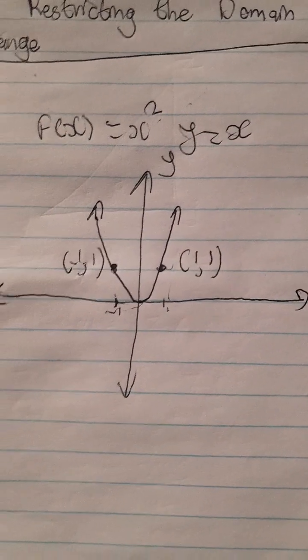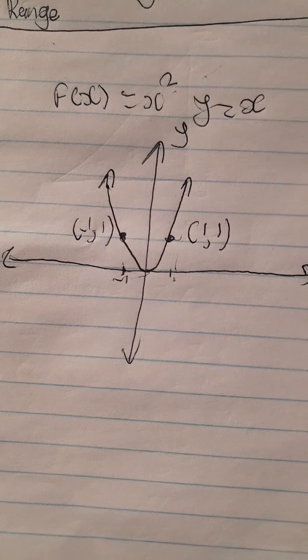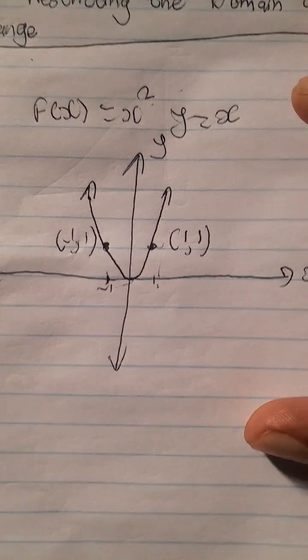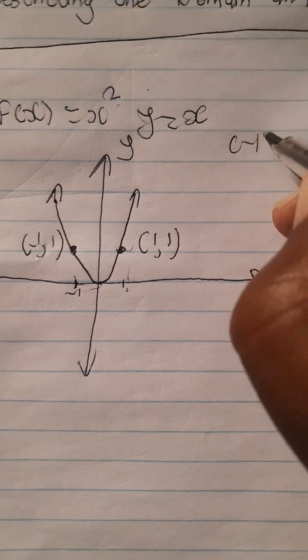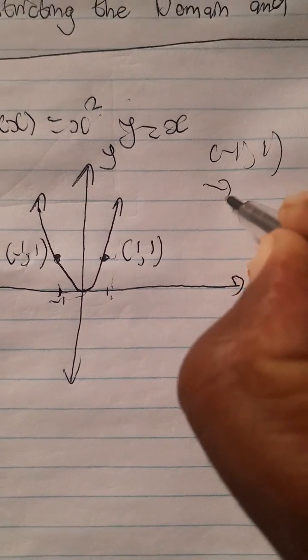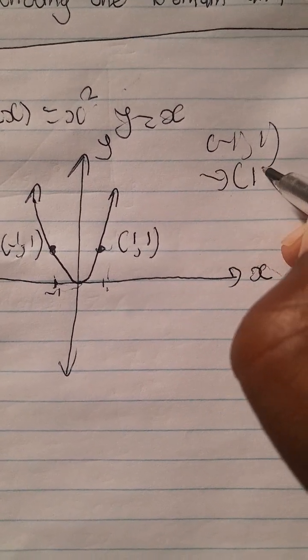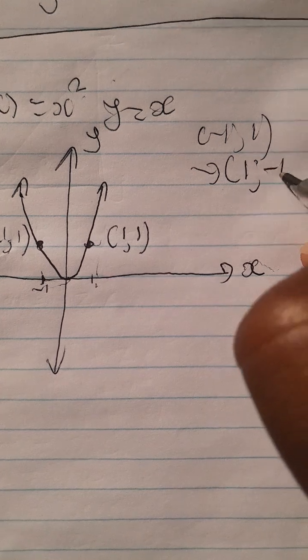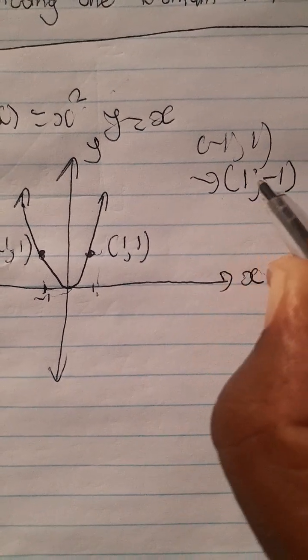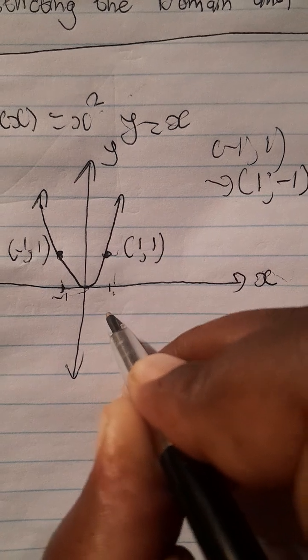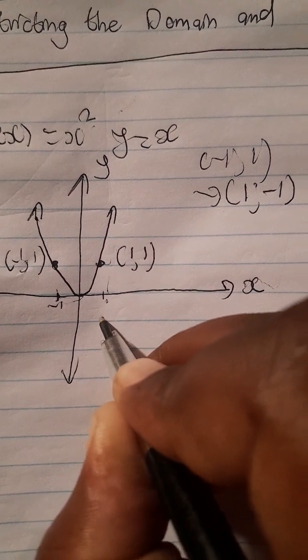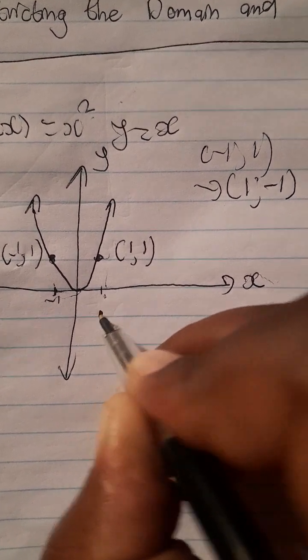Then the inverse. We know the inverse, guys. If you have -1 is to 1, the inverse, you swap. So we now have 1 and -1, meaning that your point will be here.